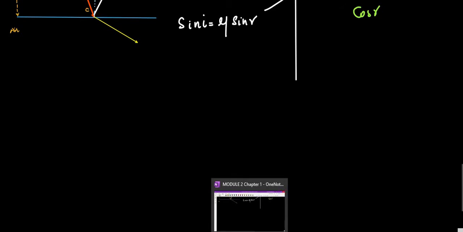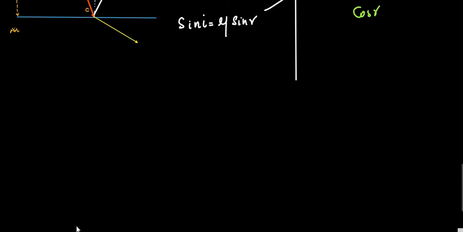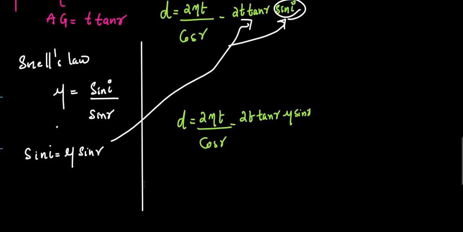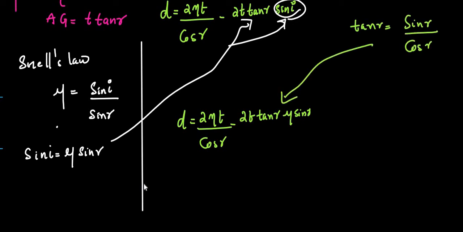Now again we are going to simplify the equation. This is the final equation we derive. Here we know that tan r is equal to sine r by cos r, so I am also going to put that here.